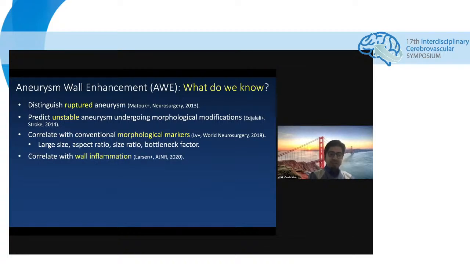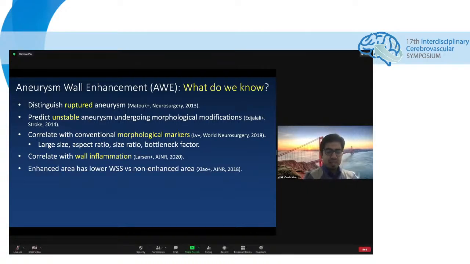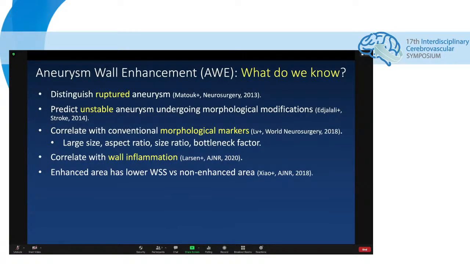We also know from the study by Naomi Larson that aneurysm wall enhancement correlates with wall inflammation when we perform histology of these patients after clipping surgery. And lastly, a study from Xiao in AJNR shows that regions with wall enhancement have lower wall shear stresses compared to regions with no wall enhancement.